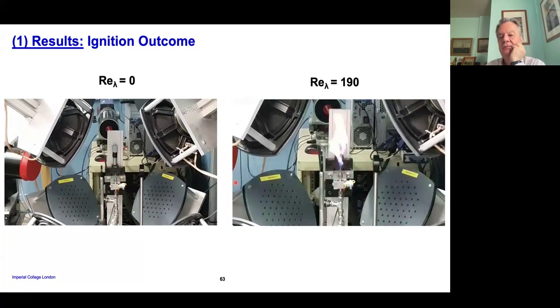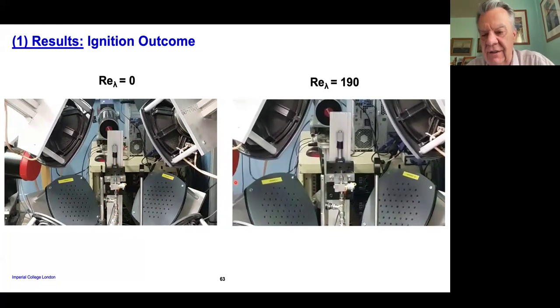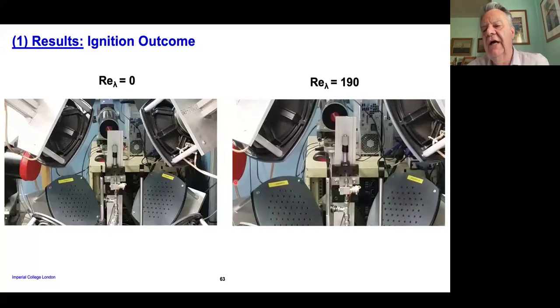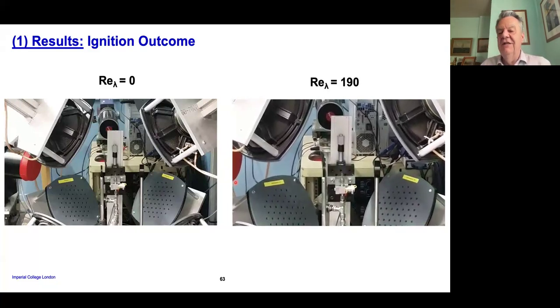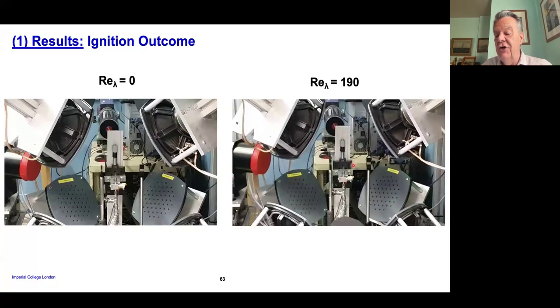But if I do, and you see how noisy the box is, so the amplitude of the loudspeaker is quite high. And you can see that sometimes there is no flame formed. Sometimes you have a very strong emitted light, and sometimes the flame starts and then extinguishes.